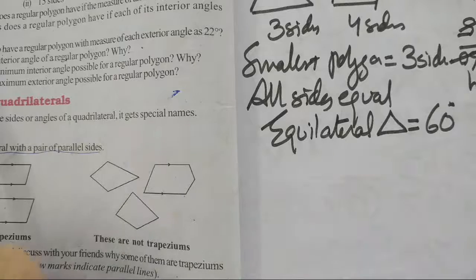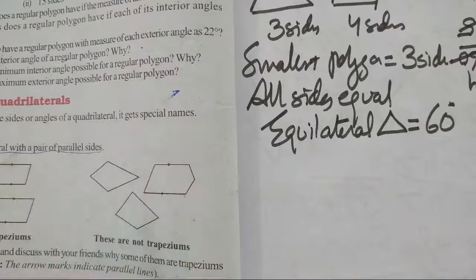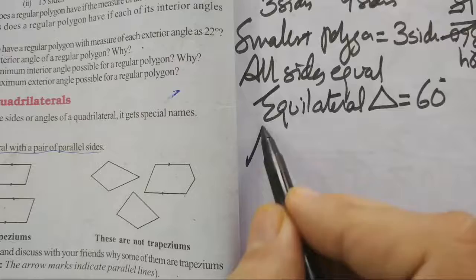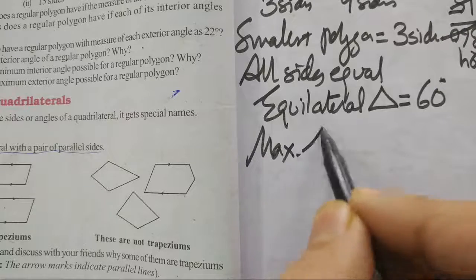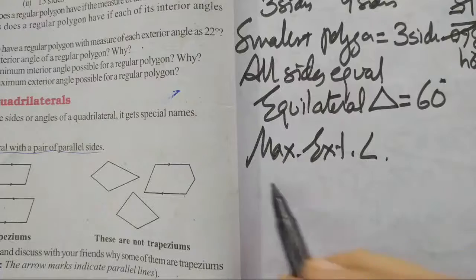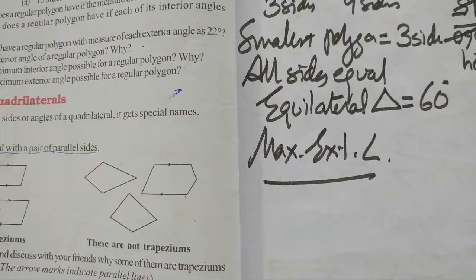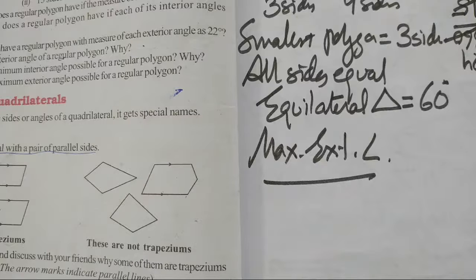Now the B part: what is the maximum exterior angle possible for a regular polygon?